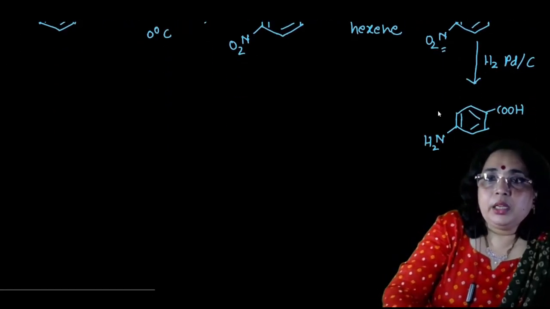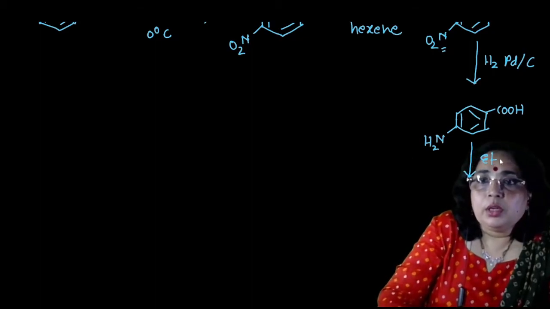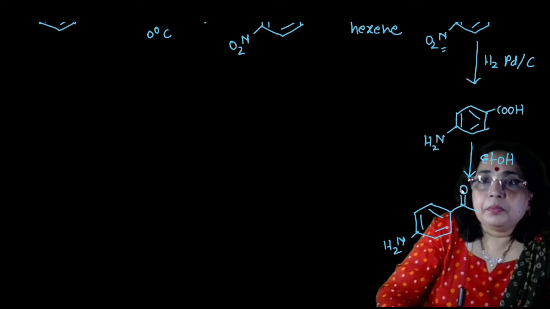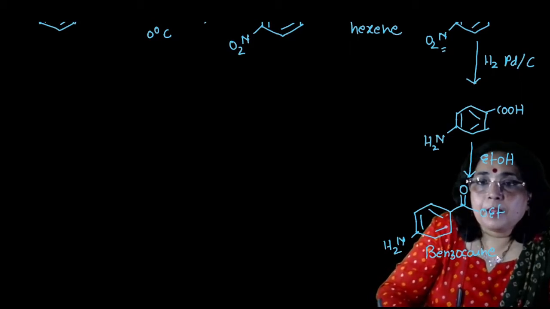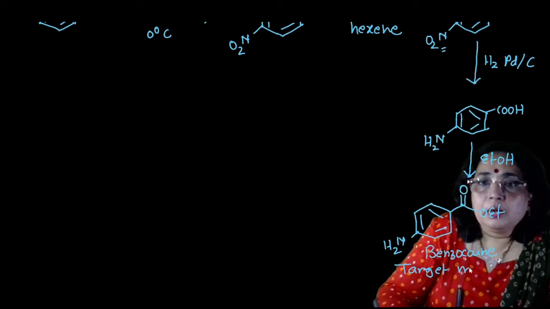Now what is remaining is that the acid is already there, so by using ethanol you can form an ester at this center, and this is nothing but benzocaine. That is the target material or target molecule.